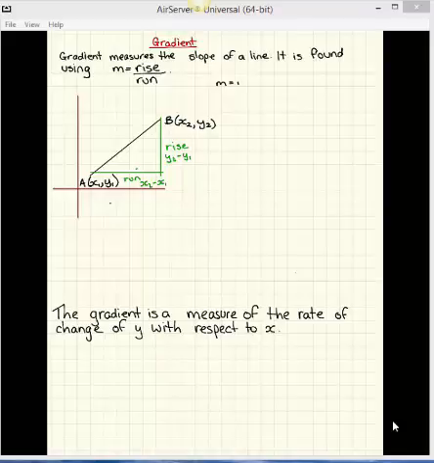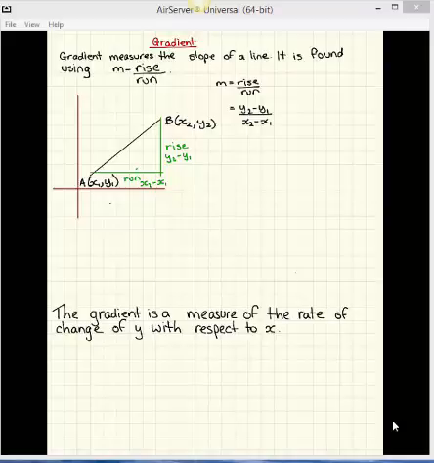We know that it's rise over run. The rise is y2 minus y1. The run is x2 minus x1. And that's how you get the formula for the gradient.